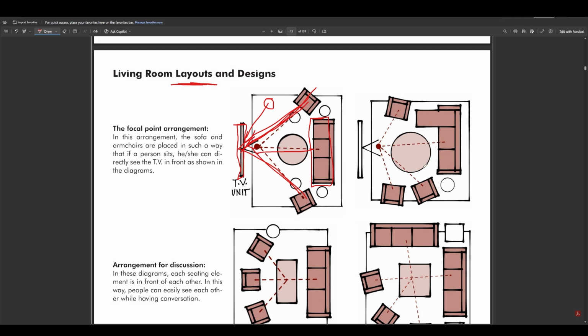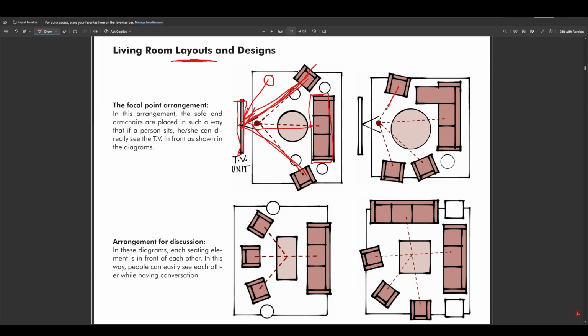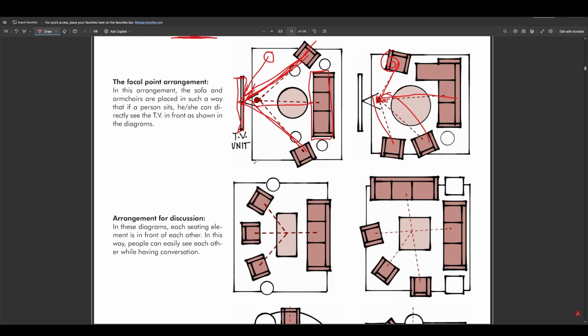For this person, it is difficult to watch the TV. But it's not necessary that the person will definitely get a very good view, but at least it's in the vision. So that's how the layout works.